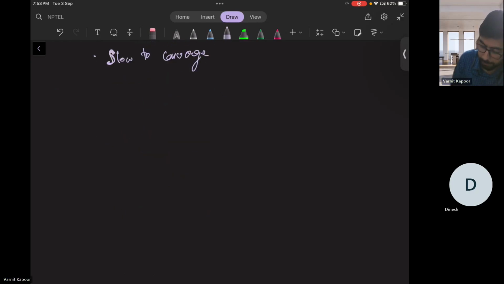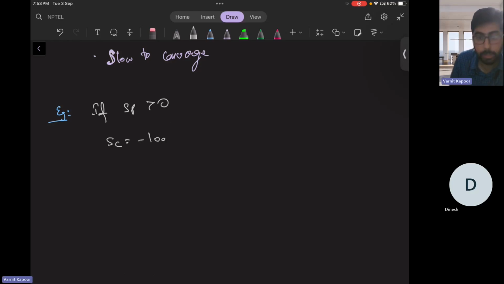Example, if SP is 0 or SP is greater than 0, then SC can be, suppose, negative 100 plus ST or plus 5T.